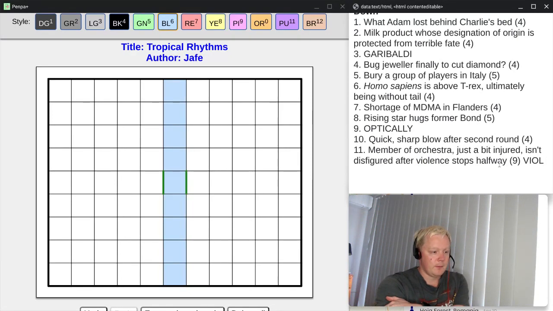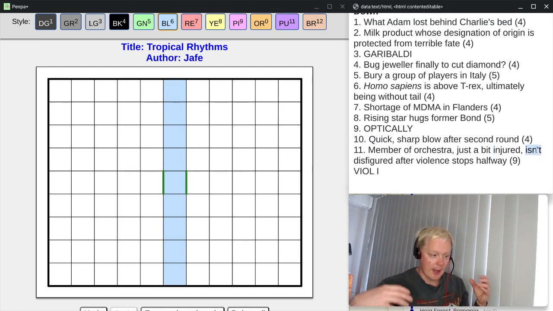And then if this is part of the wordplay, then we're looking for a term for a member of orchestra. Now, there are a couple of those starting with VIOL. One 9-letter one is violinist. Now, how does that work? Just a bit injured is going to be I. I'm going to have to actually underline this. I, just a bit from the word injured, just the first letter. And then isn't disfigured.